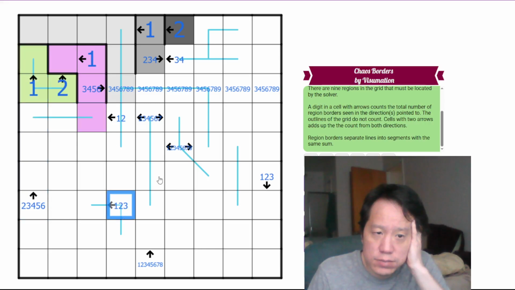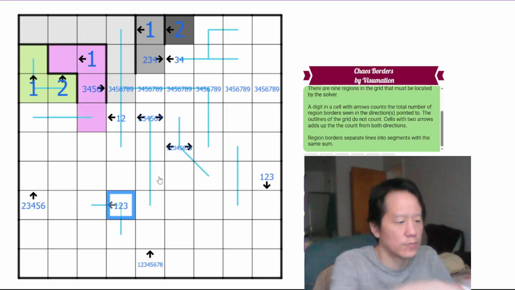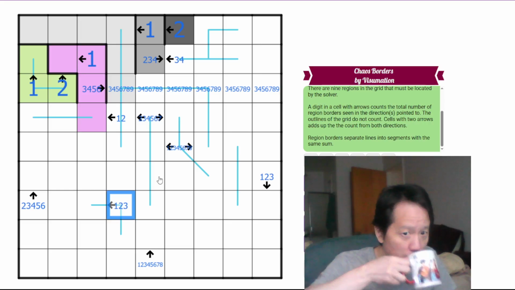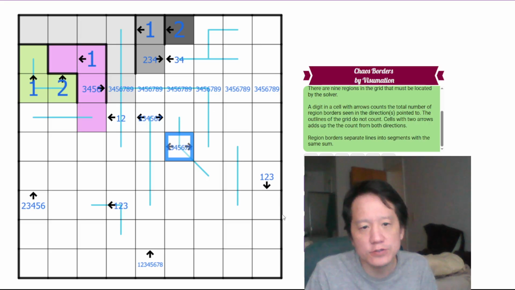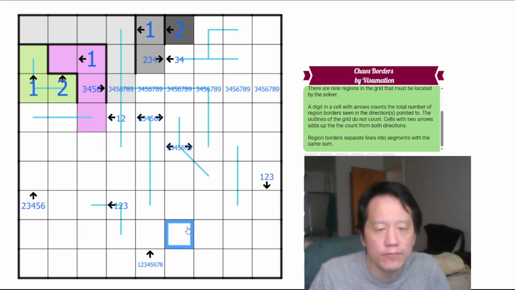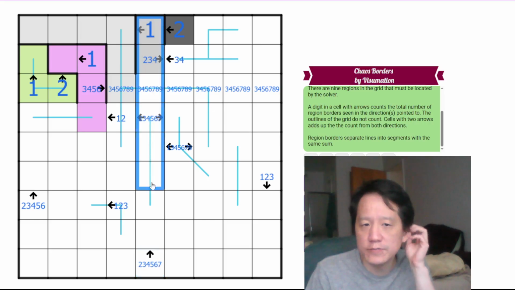Hmm. This cannot be 2. This misses a boundary here. So this cannot be 1, it cannot be 8.